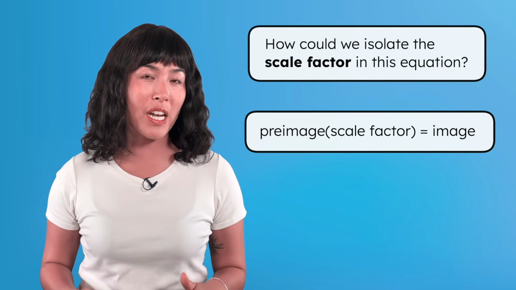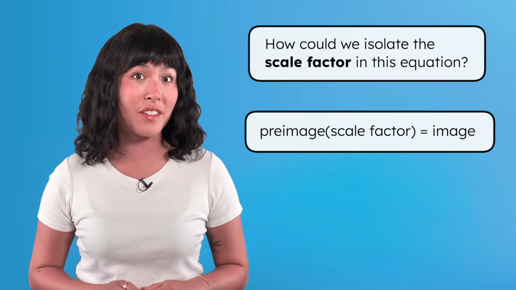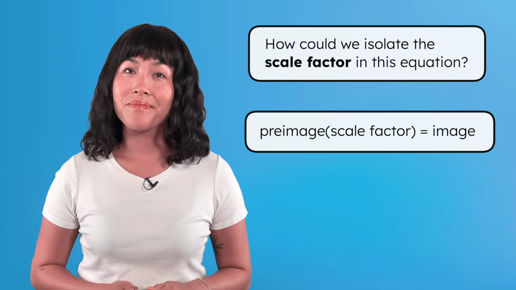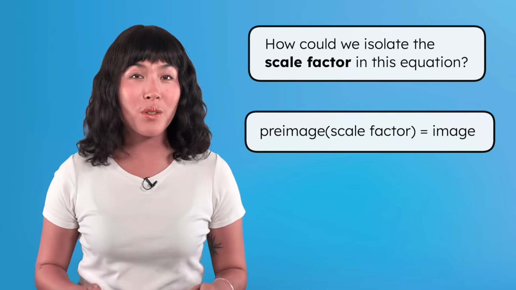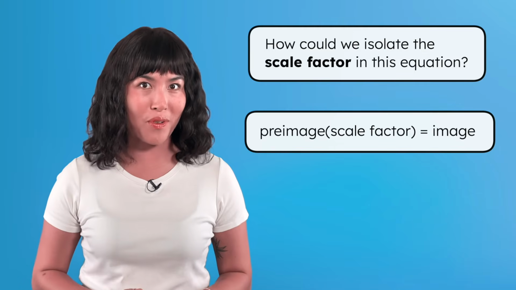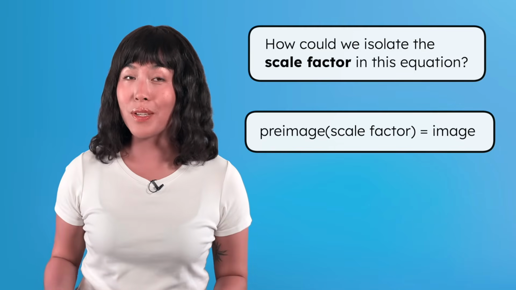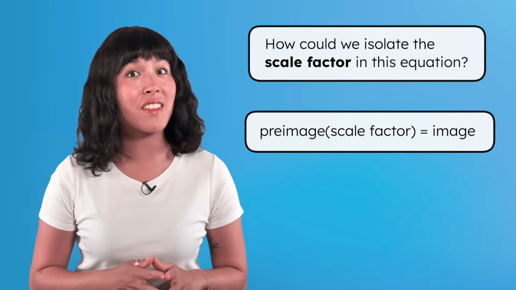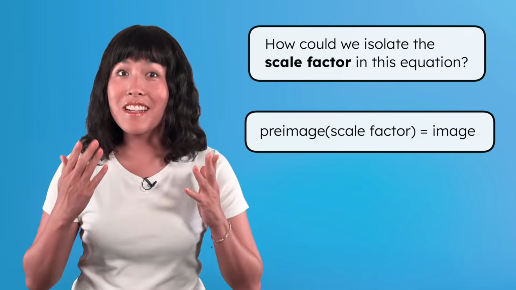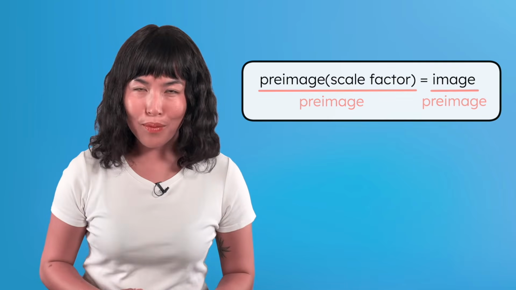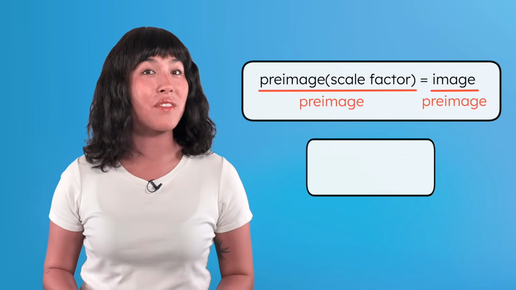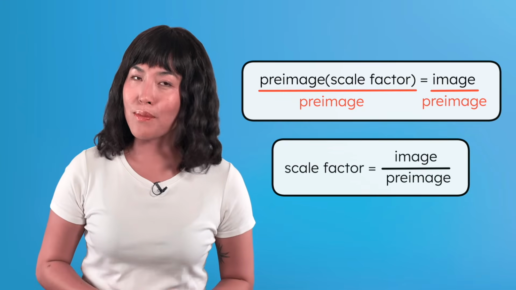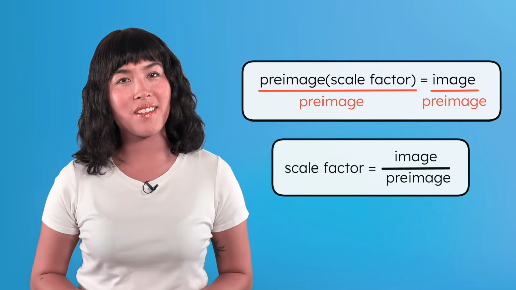If we wanted to solve that equation to isolate the scale factor, how could we do that? Using what we know about inverse operations, we'd undo the multiplication between the pre-image and the scale factor using division. Dividing by the pre-image on both sides gives us scale factor equals image divided by pre-image.